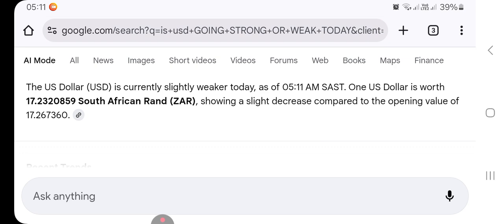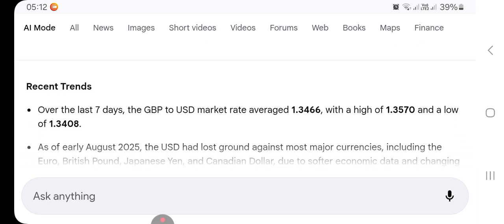The euro gave us sentiments that made it drop a little, but looking at this, it's telling us the US is currently slightly weaker today, at 17 rand, showing a slight decrease compared to the opening value of 17.26 rand.